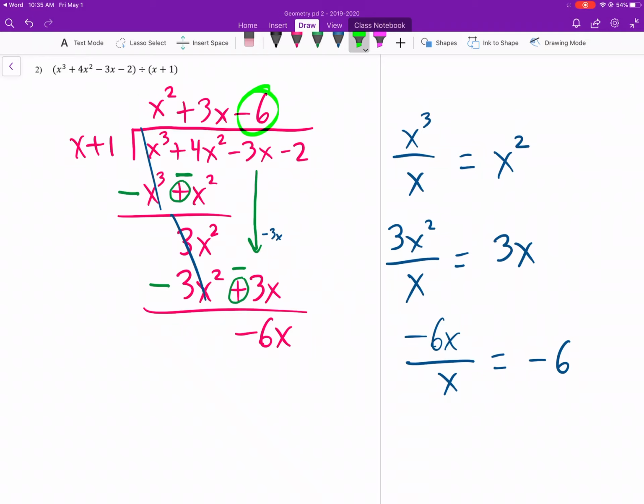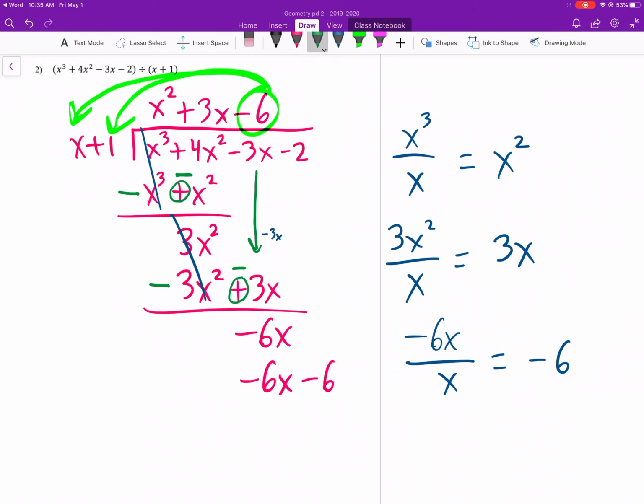Now we take that negative 6 and we multiply it by everything on the outside and bring it down here. So negative 6 times x is negative 6x. Negative 6 times 1 is negative 6.